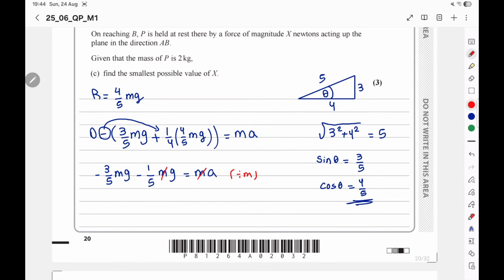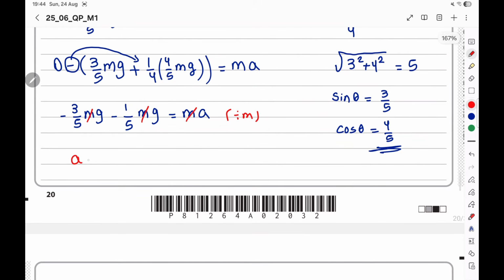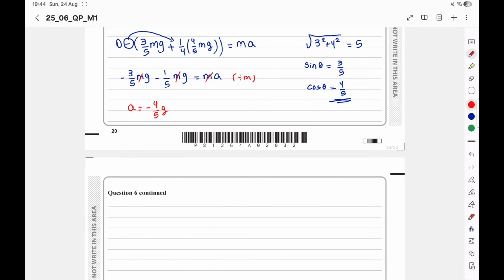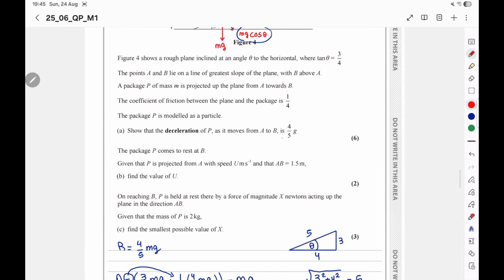So the acceleration will be equal to negative 3 over 5g minus 1 over 5g, negative 4 over 5g. This is the acceleration. And when the acceleration is negative, this means I am decelerating. The deceleration is the absolute value. So the deceleration is equal to 4 over 5g, as he wanted us to show.